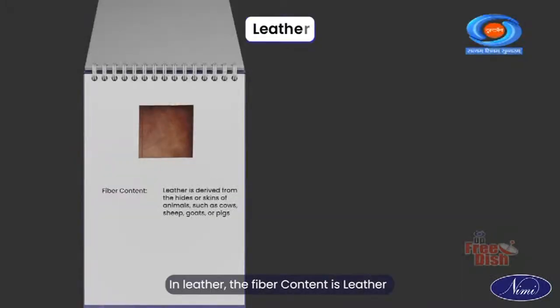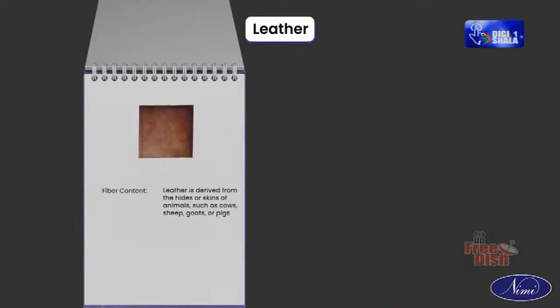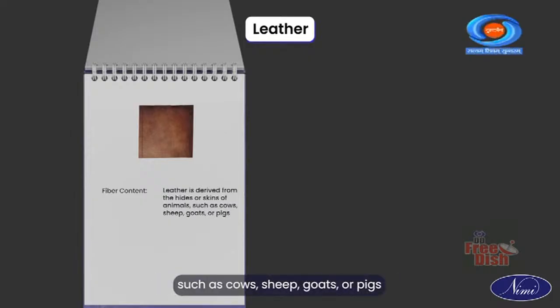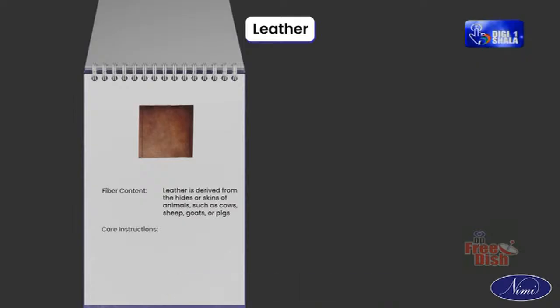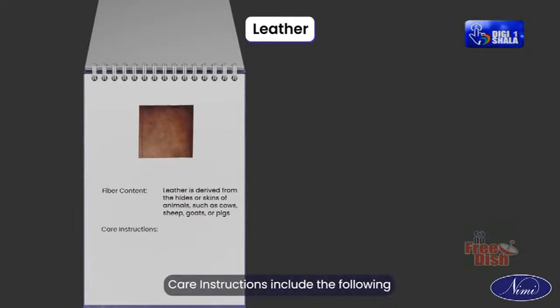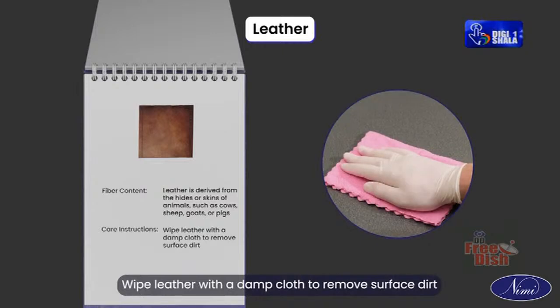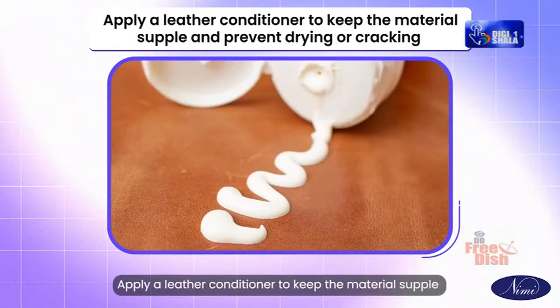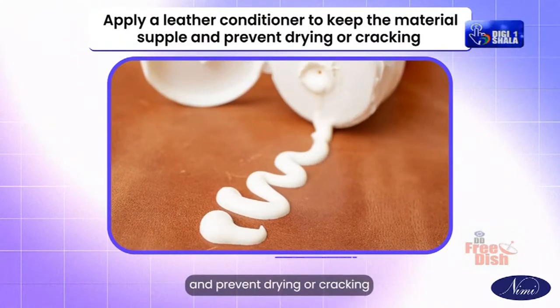In leather, the fiber content is leather, derived from the hides or skins of animals such as cows, sheep, goats, or pigs. Care instructions include the following. Wipe leather with a damp cloth to remove surface dirt. Apply a leather conditioner to keep the material supple and prevent drying or cracking.